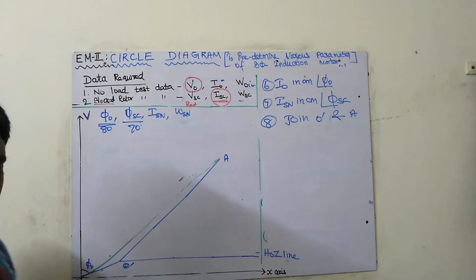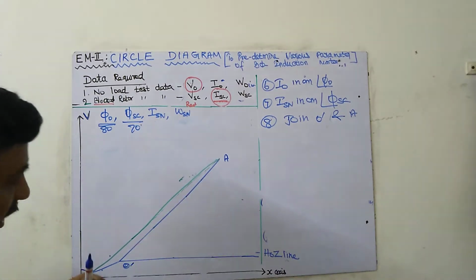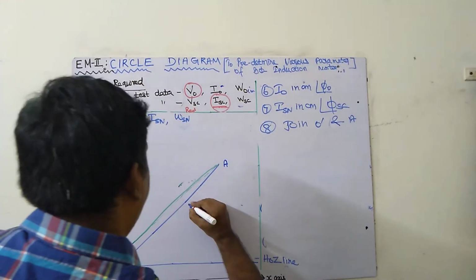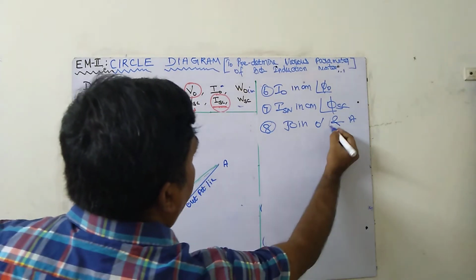This blue line, not the green line, is called the output line.